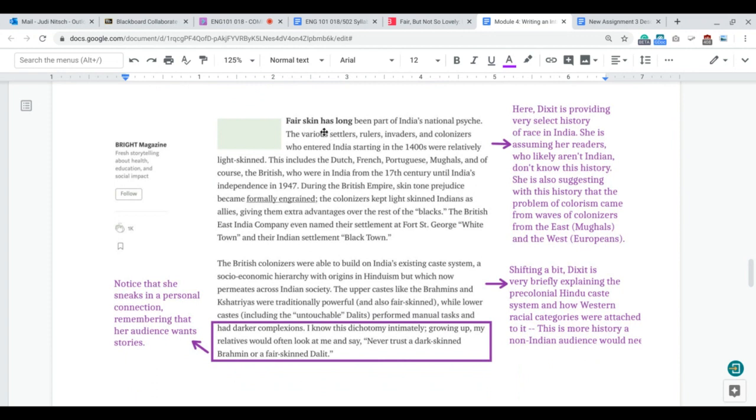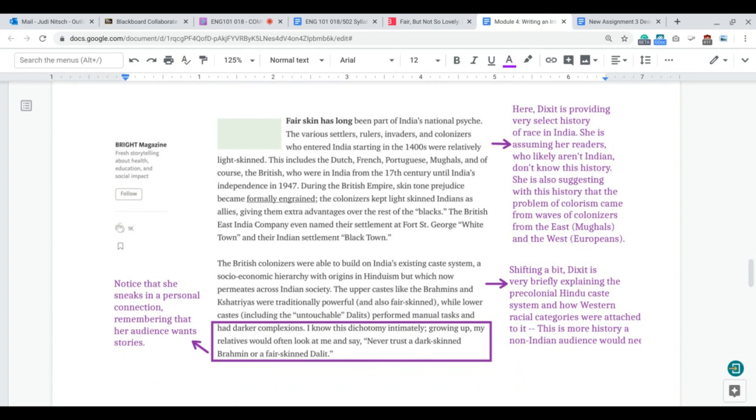So here, fair skin has long been part of India's national psyche. The various settlers, rulers, invaders, and colonizers who entered India starting in the 1400s were relatively light-skinned. This includes the Dutch, French, Portuguese, Mughals, and of course the British, who were in India from the 17th century until India's independence in 1947.